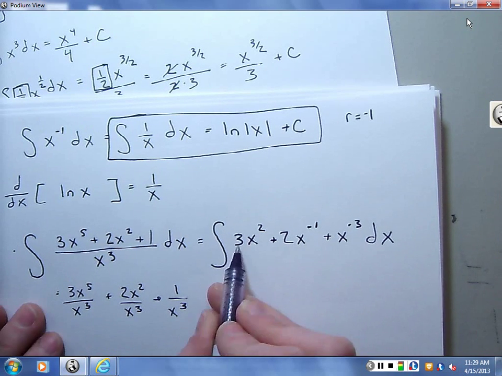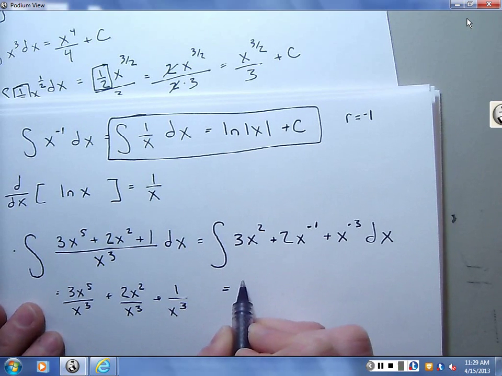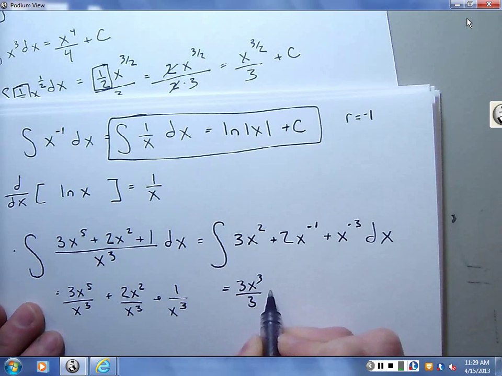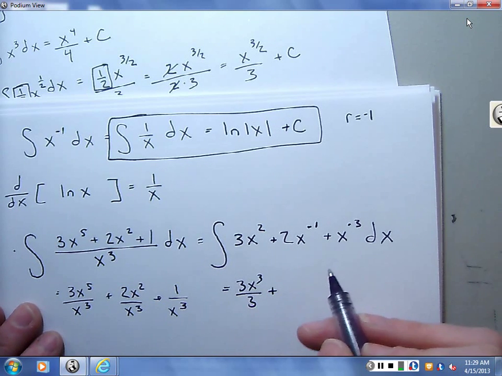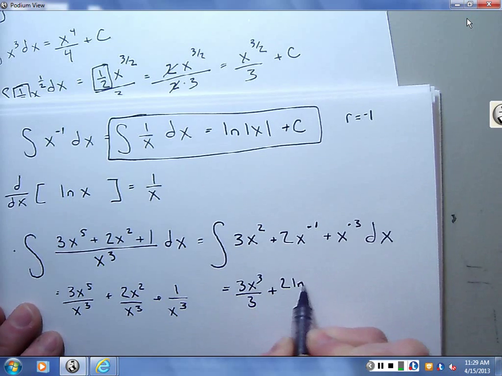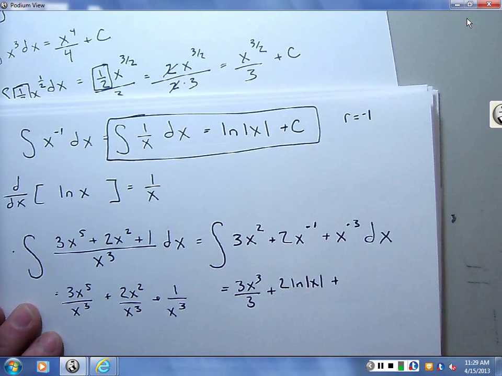So what is the integral of 3x squared? Yeah, so 3x cubed over 3. What's the integral of 2x to the minus 1? Very good. What's the integral of x to the minus 3?